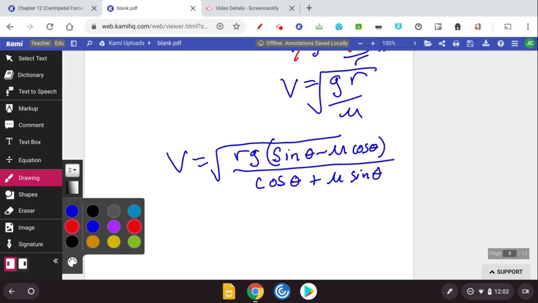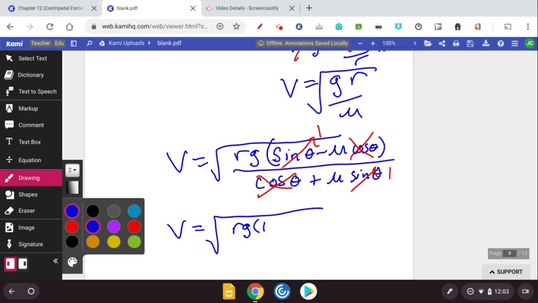And so when we look at 90 degrees, the sine of 90 goes to 1, the cosine of 90 goes to 0. So this term is gone, this term is gone, this term just becomes 1, and this also becomes 1. So simplify this down. We get v is equal to the square root of g times 1.